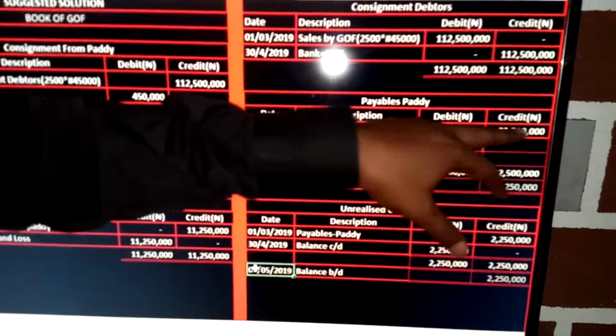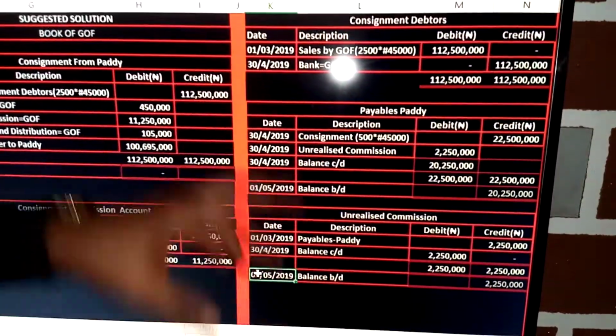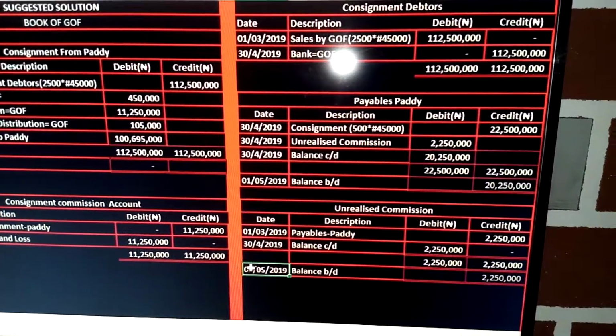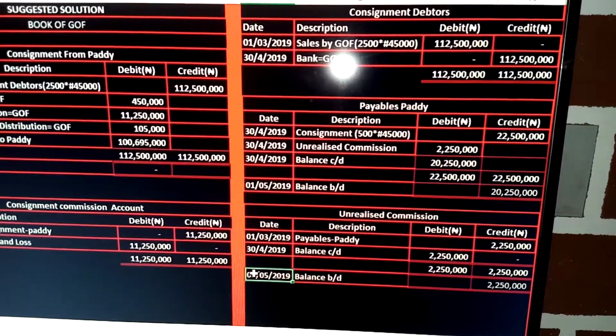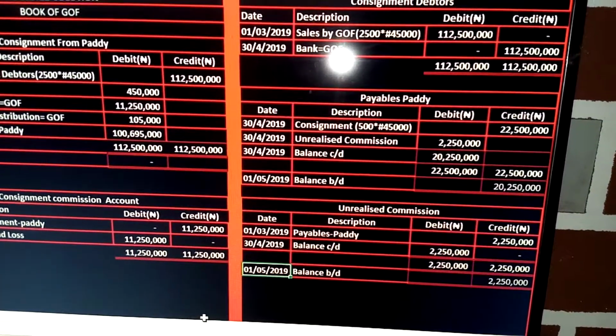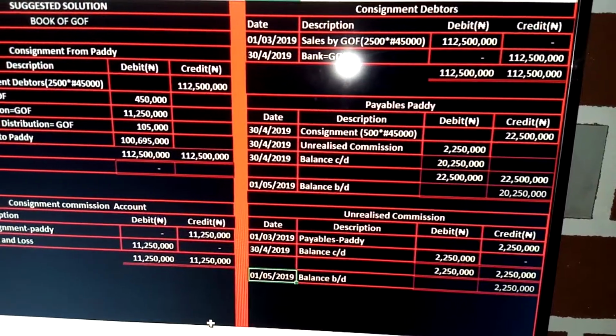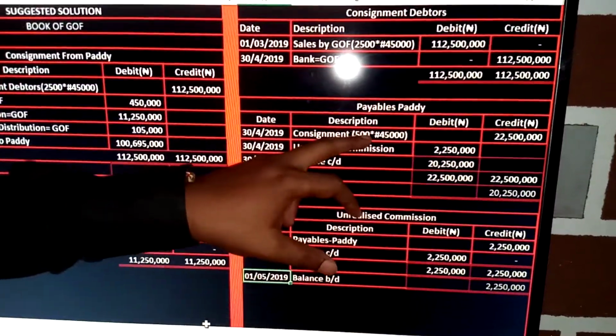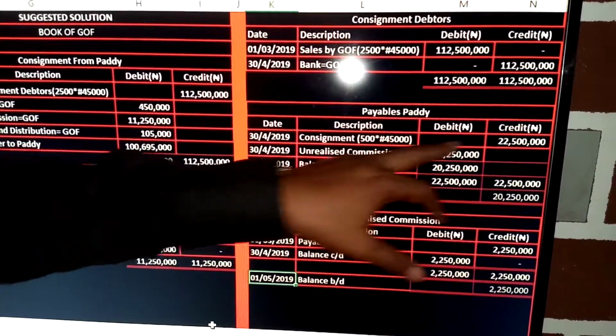So you're crediting Paddy with it because you're owing. This is based on the fact that we have already transferred the amount due on 2,500 packs to Paddy. So we have the consignment here, which is 500 units left unsold times 45,000, which is 22,500,000.